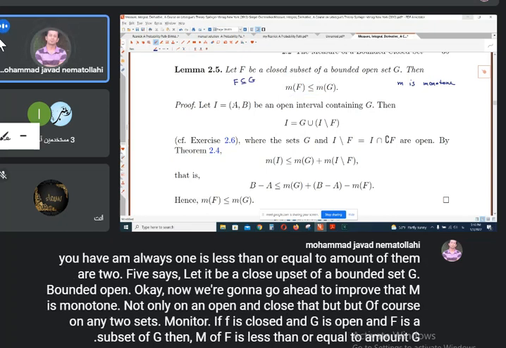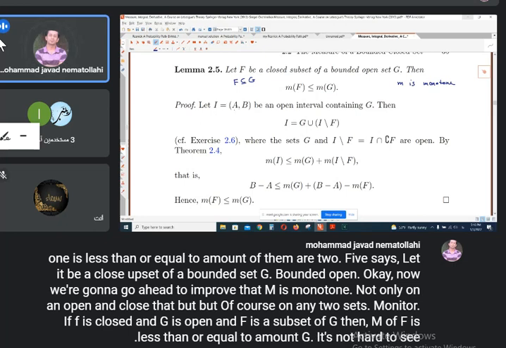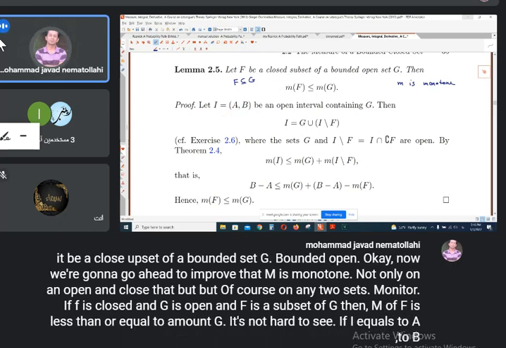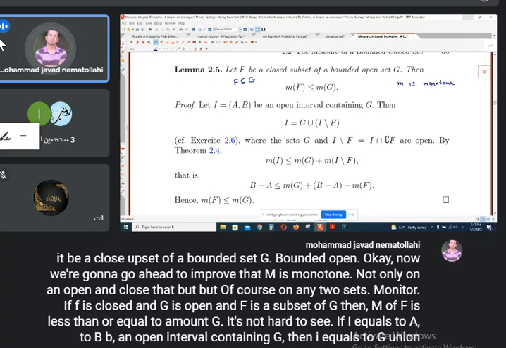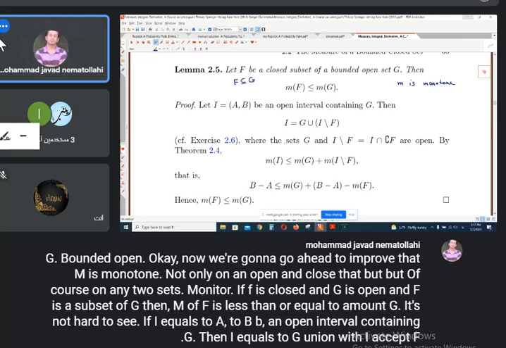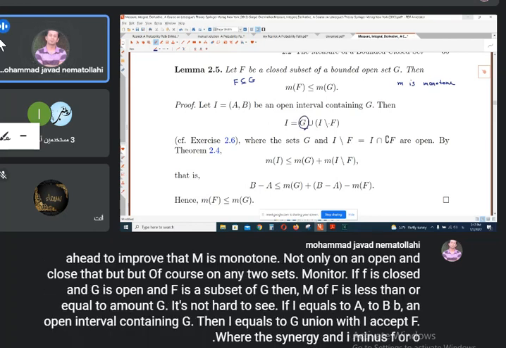It's not hard to see: if I equals the interval a to b is an open interval containing G, then I equals G union I except F, where the sets G and I minus F are open. Open and open. Okay?